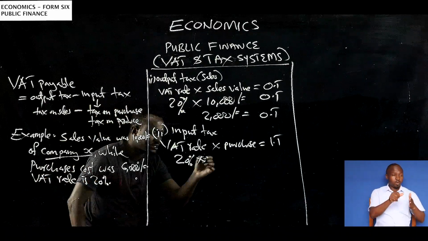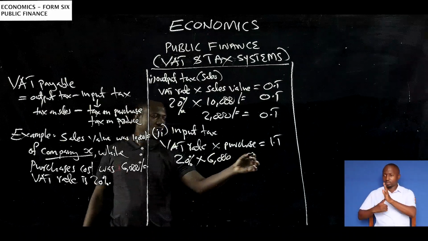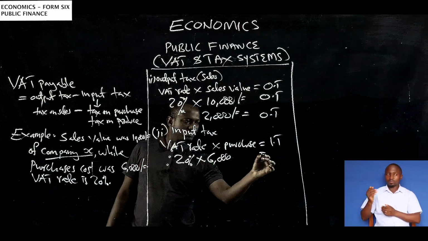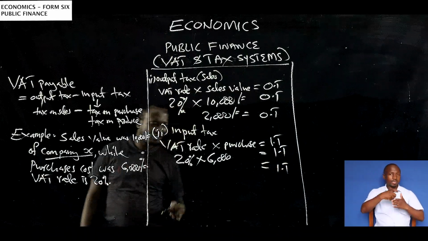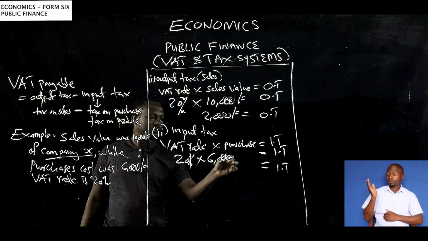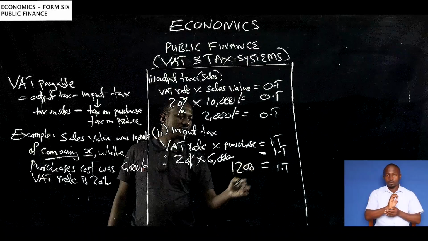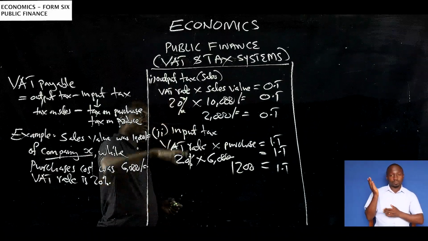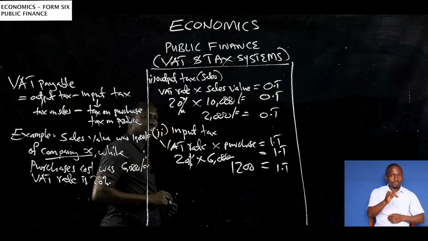Purchases here are 6,000 Tanzania shillings. So according to this, input tax will be 1,200. So here we have output tax, and we have input tax.